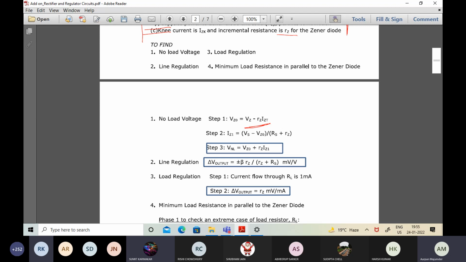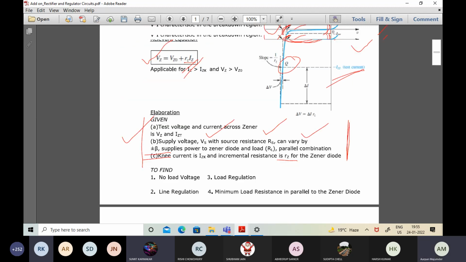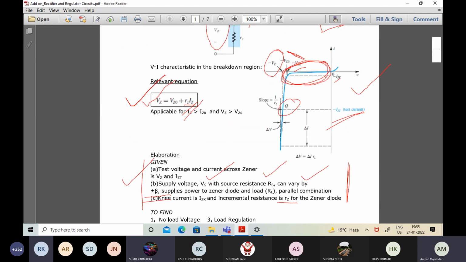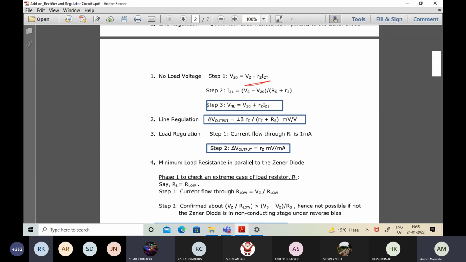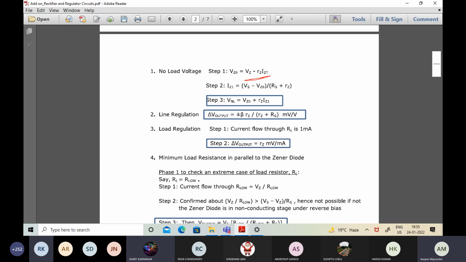So from there, applying this linear formula, which we have disclosed over here, we can directly find out the knee voltage for this Zener diode. So that is the value of VZ naught. We get that answer.